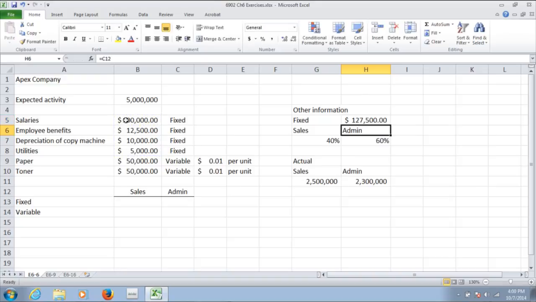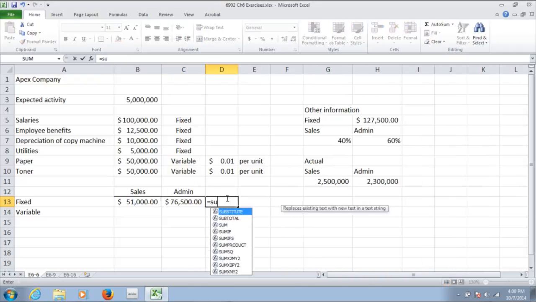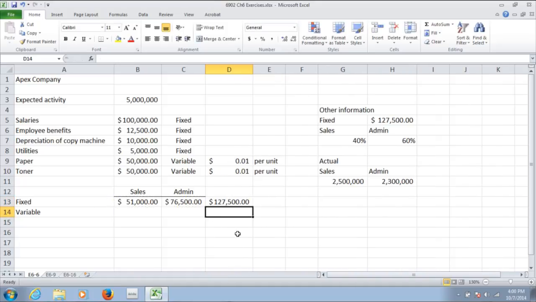In this case, 127,500. And then we take the relative share. So 40% sales, multiply that by 127,500. Lock that cell in. So then as we copy this over, we will see that we have 76,500. And just to summarize, we have 127,500 in total.